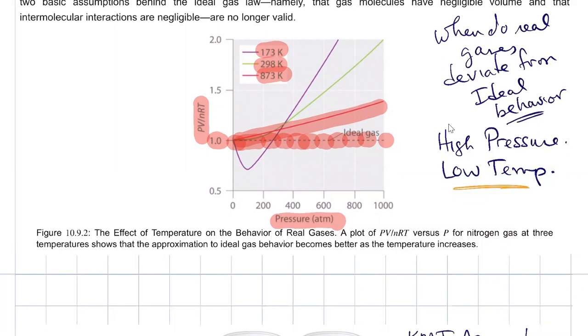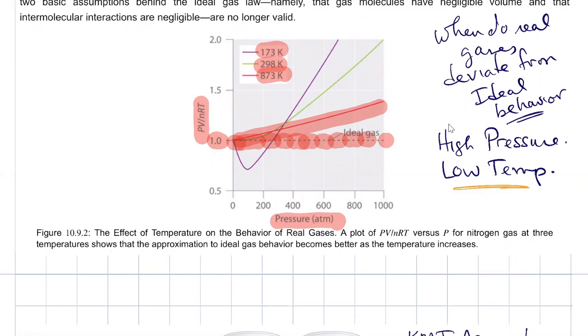They become able to hold the particles together. When they can hold the particles together, you no longer have a gas. You have a liquid. And then if you keep cooling them down, even in the liquid, the particles will slow down and eventually become solid. So under low temperatures, the particles have less and less kinetic energy.